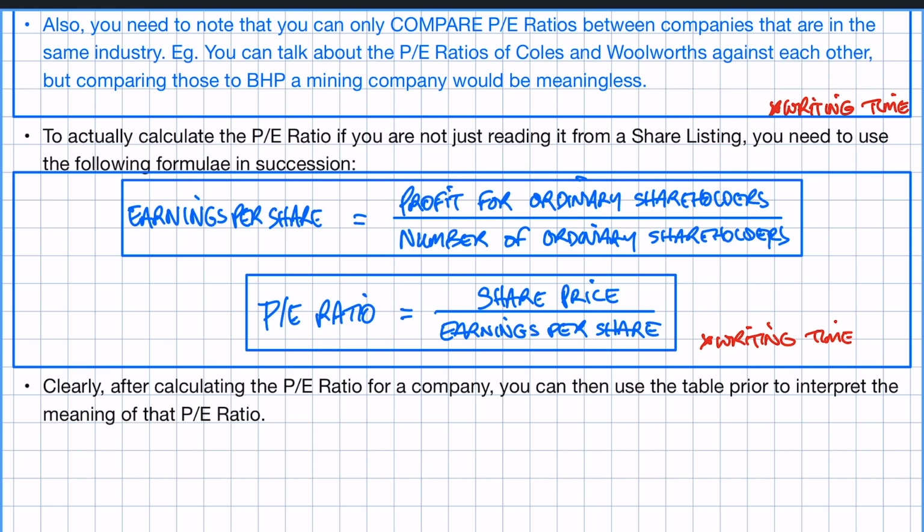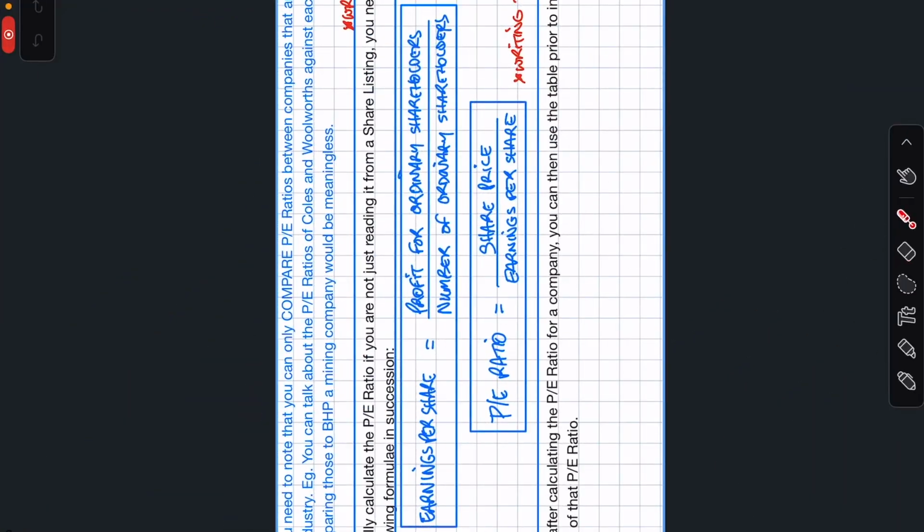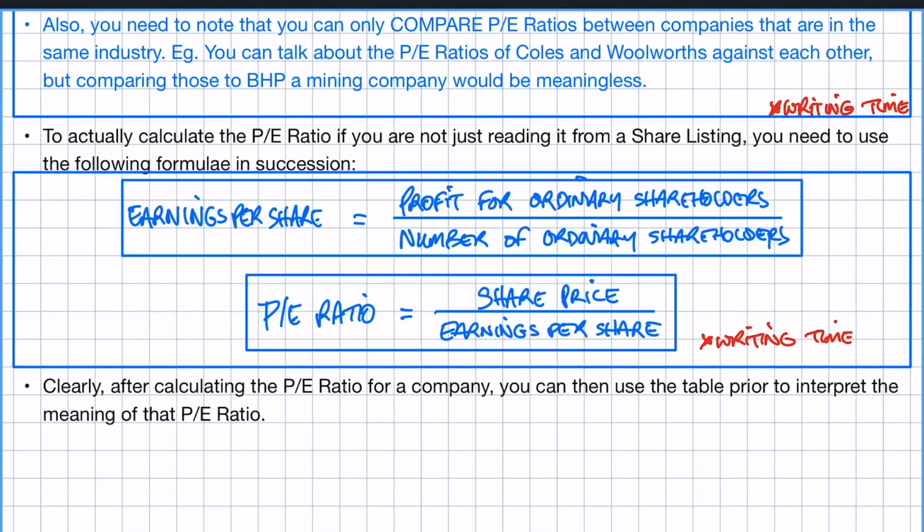You do one first and the other after, because if you started off with the bottom one, is there something that you need from the top formula? Yeah. You need to do it in order. That's what it means by in succession. So in a couple of minutes, can you get these two formula down, please? Once you use these formula, given the information needed, when you find the PE ratio for the company, you can then use the table before to interpret the meaning of that PE ratio. So a couple of minutes to get that down.